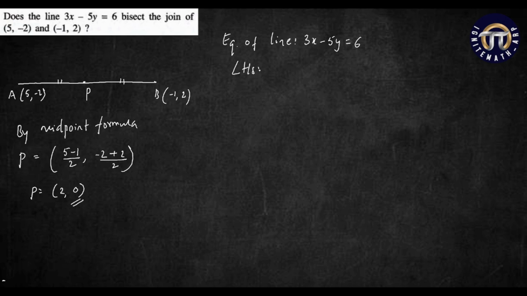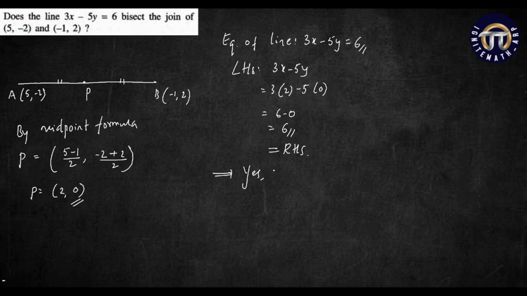So I'll just consider the LHS, 3x minus 5y: 3 into 2 minus 5 into 0. So that is equal to 6 minus 0, which is equal to 6. So what am I supposed to get? I'm supposed to get 6, and I have got 6. So that is equal to the RHS. So what's my conclusion?